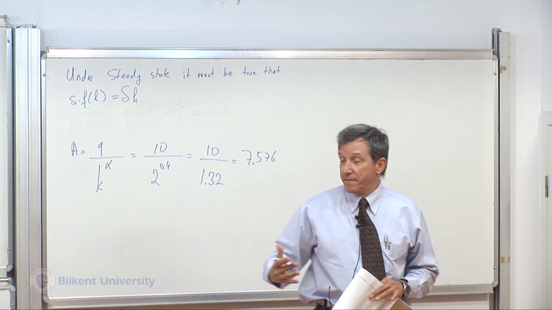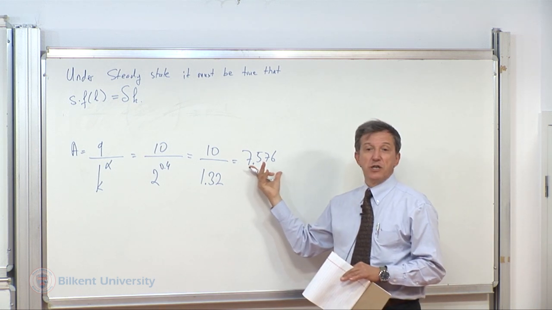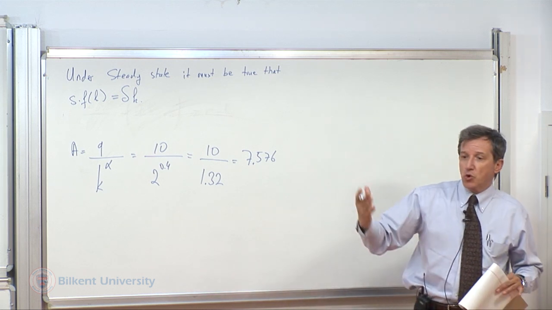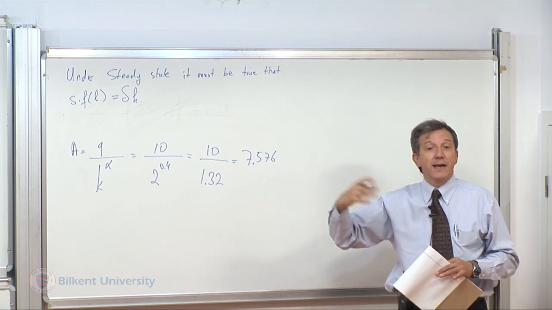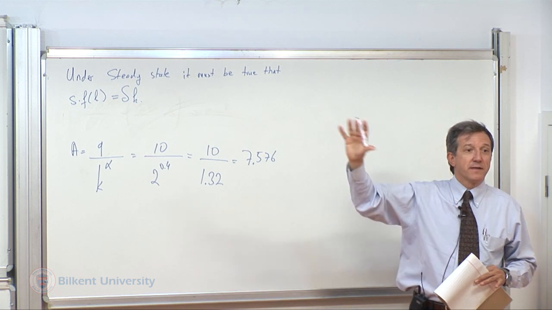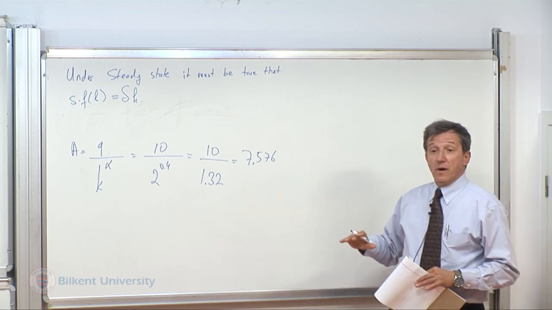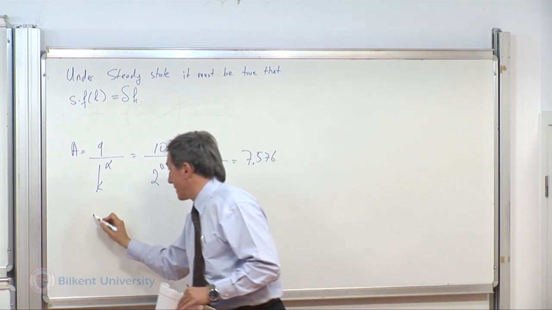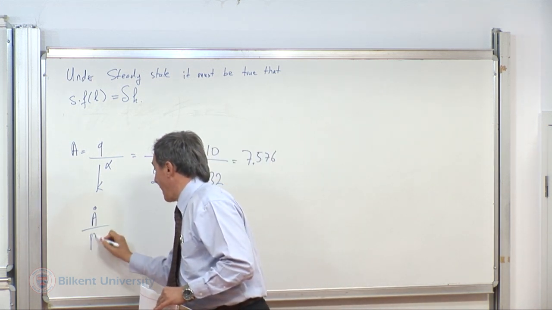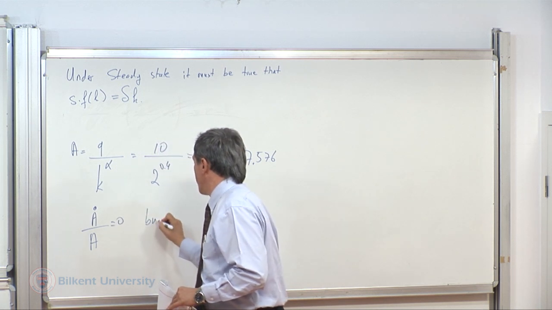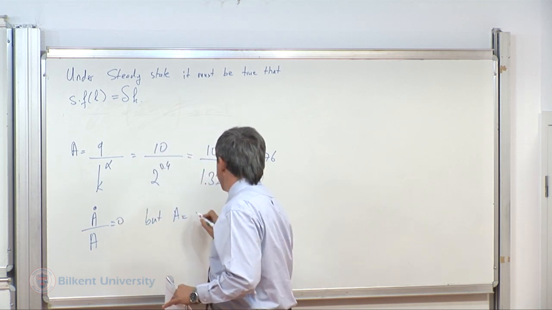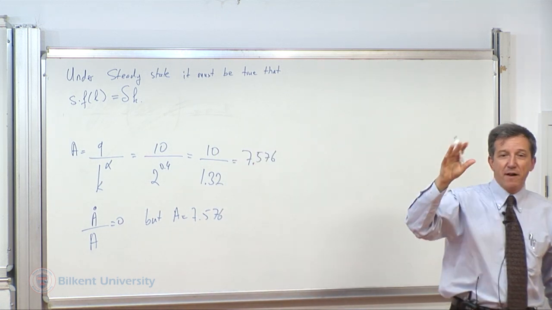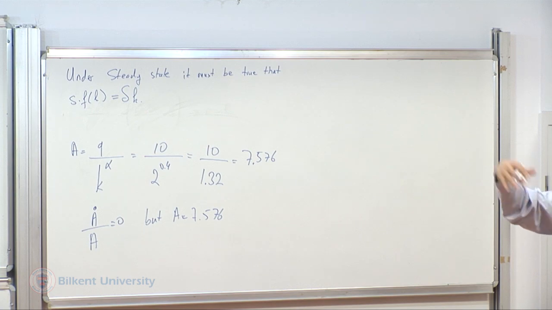Anything unexplained needs a residual to fulfill the gap, and we call this productivity. Total factor productivity, unexplained, taken as given, but it is there to exist. What we assume is a number, and it stays constant. So A dot over A is 0, but A is this funny looking number.